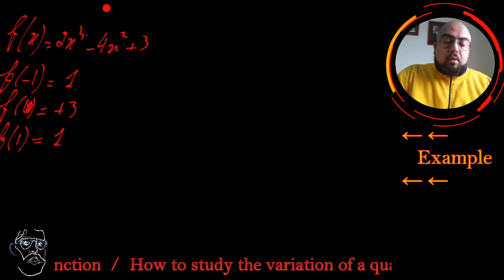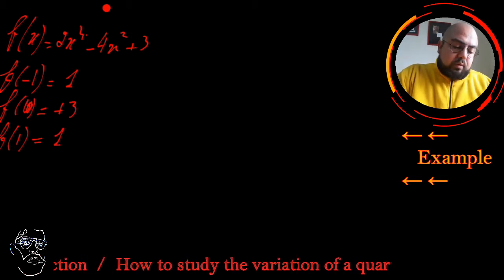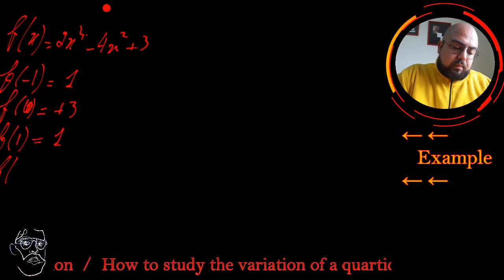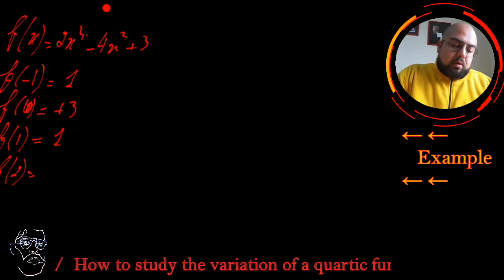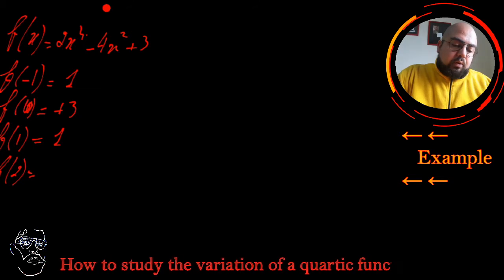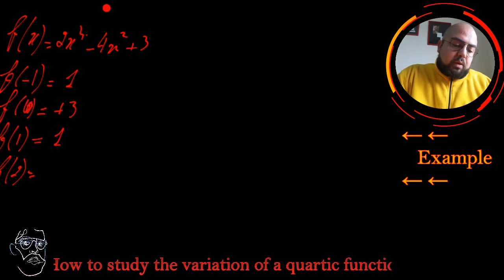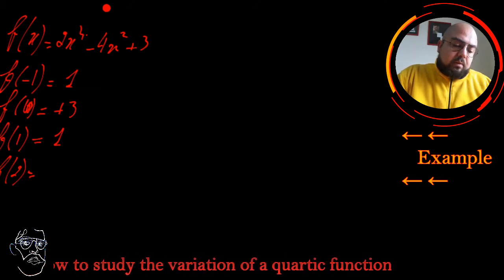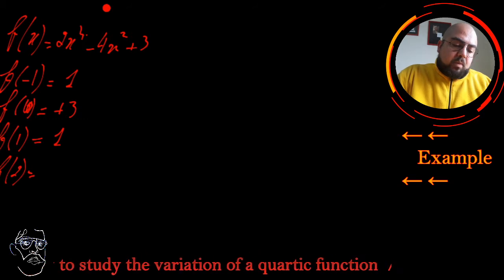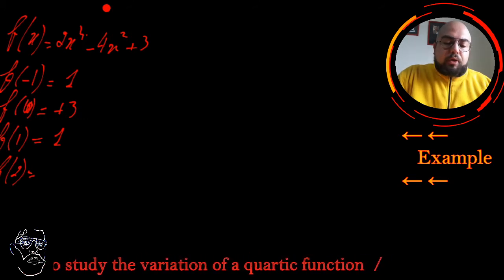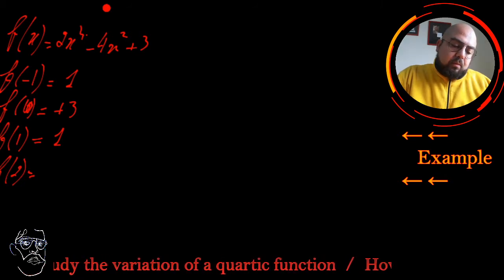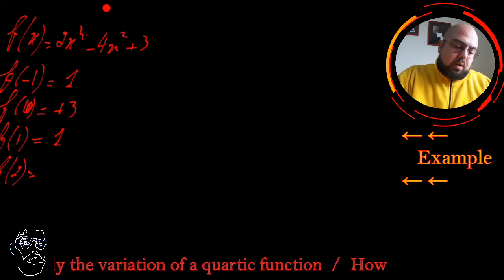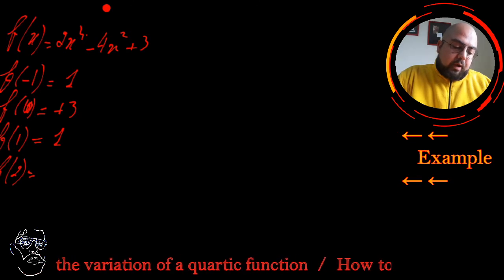We can calculate for other values also. f of 2, let's say, it will be 16 times 2, 32, minus 16. So it's a value which will be higher than 10. So I'm not going to be interested in these values.